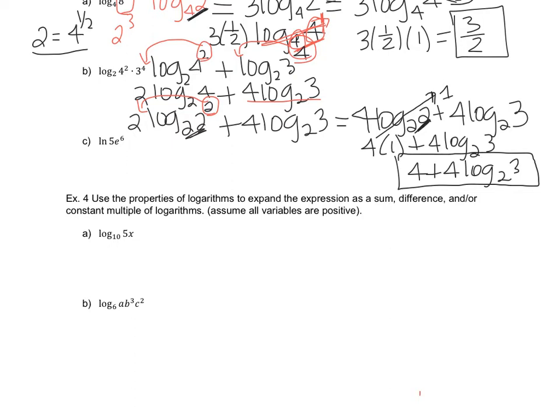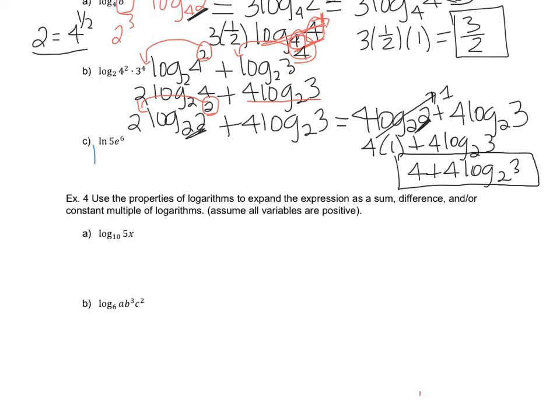So we're going to do the exact same thing for part C. We're going to separate, notice, that 5 is multiplied to the e to the 6. So that is like 2 things that are being multiplied together. Remember, based on our product rule, we can separate those 2 with a plus sign. So I'm going to go ahead and do that.